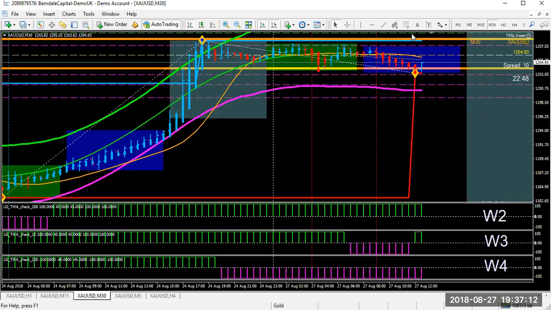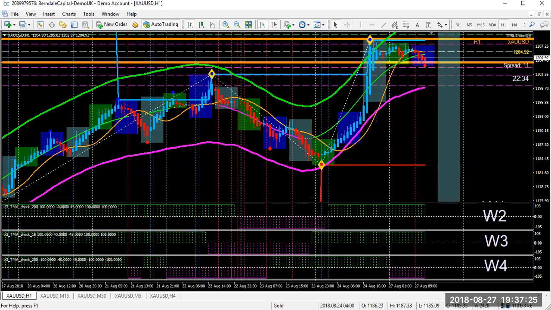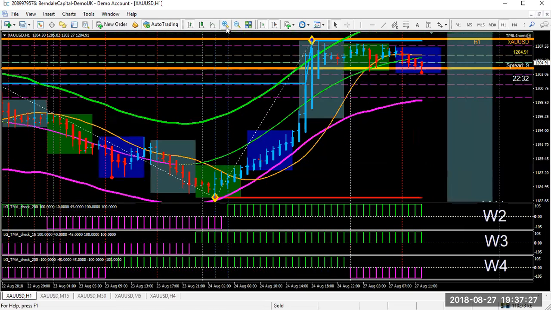Okay, so do we have a question here? Current candle in HP99. Okay, let's have a look. Okay, so H1 hasn't confirmed yet.